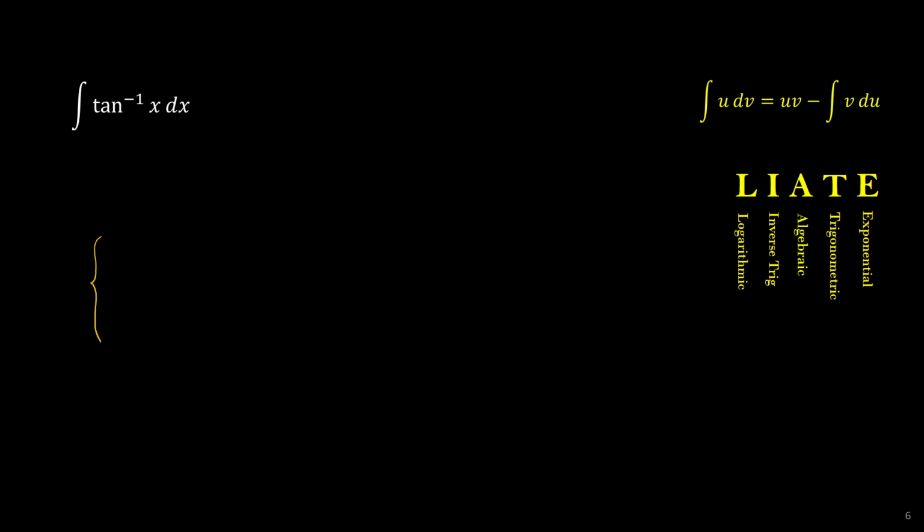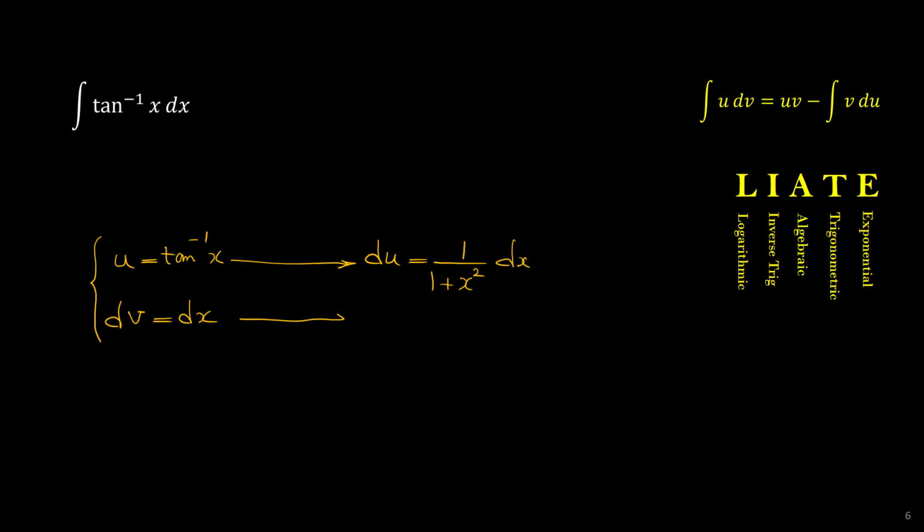So u is tangent inverse of x, and dv is dx. As usual, immediately we take the derivative of u, which is 1 over 1 plus x squared, and don't forget to put dx at the end. And from dv we take the integral. The integral of 1 dv is v, and the integral of 1 dx is x.